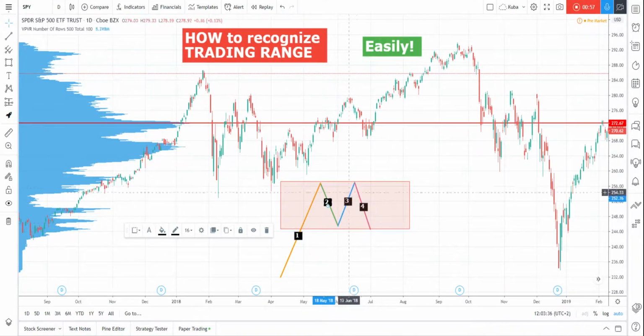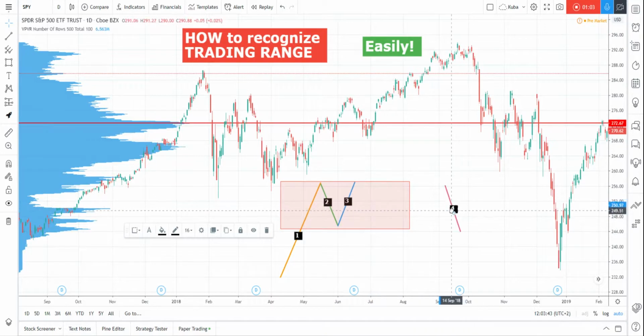Then we have move in the direction of the previous trend, number three. Is this a trading range? Well, no, because you have to see some consolidation, some congestion, some value area. But this is just swing high and swing low.